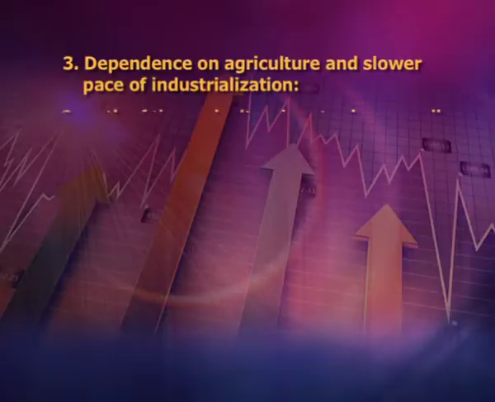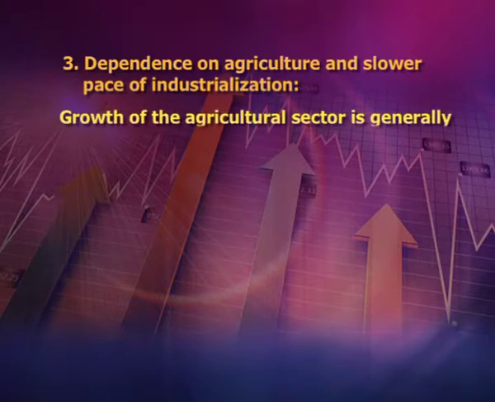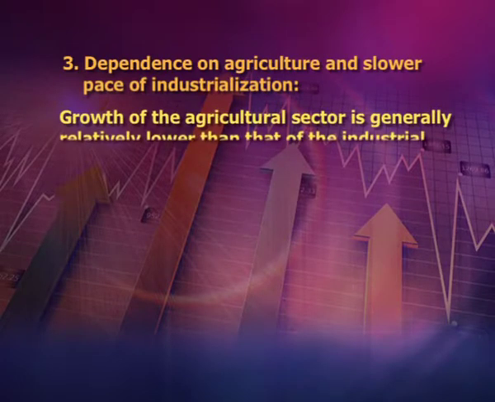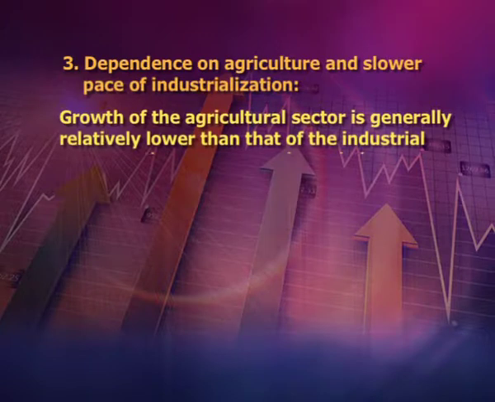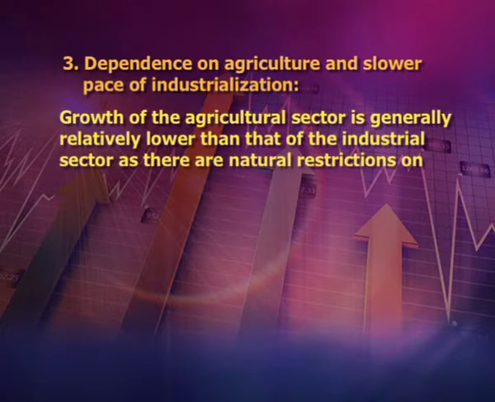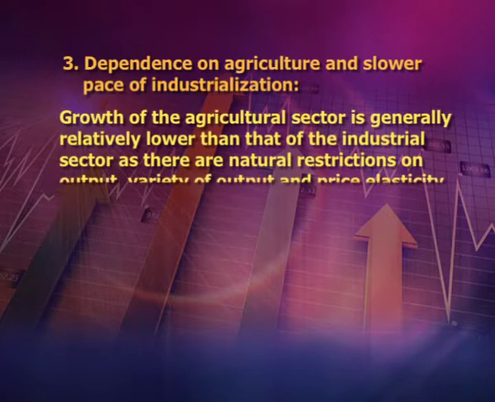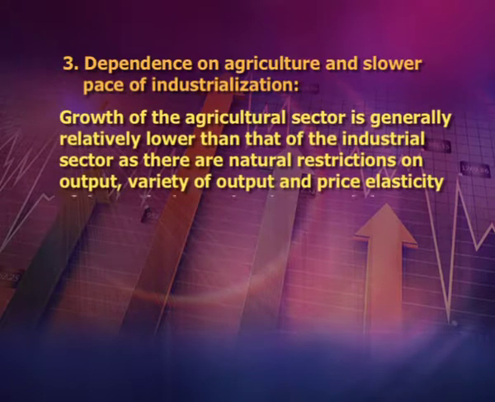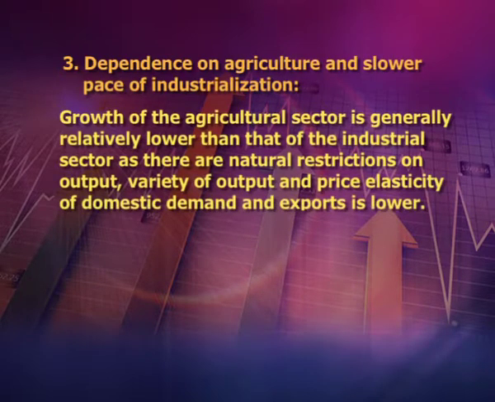A significantly large proportion of the population is dependent on the primary sector. Growth of the agricultural sector is generally relatively lower than that of the industrial sector, as there are natural restrictions on output, variety of output, and the price elasticity of domestic demand and exports is lower.